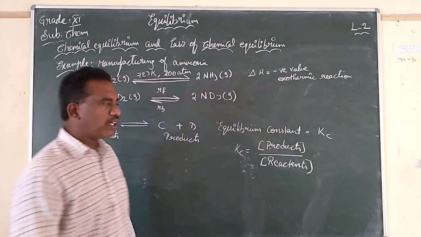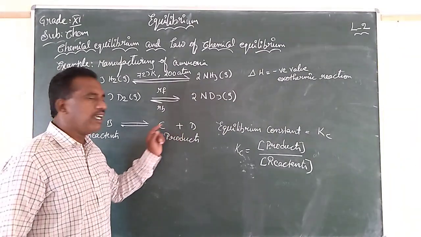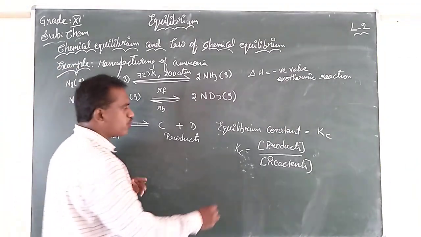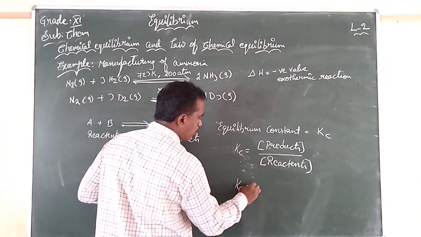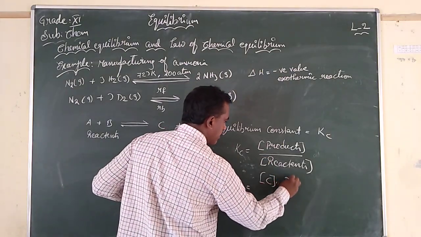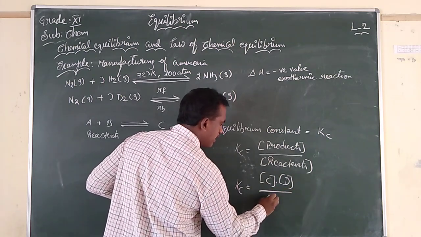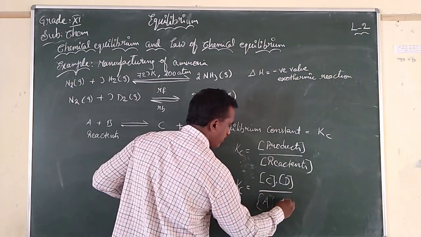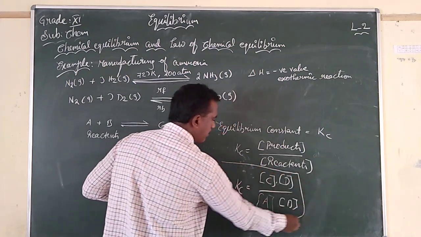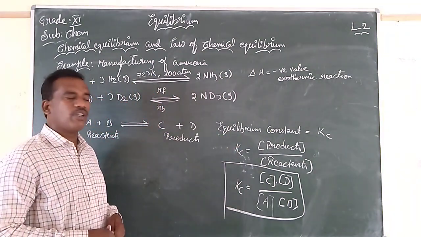In this reaction, what are the products formed, children? The products formed are C and D. And here, what are the reactants? A and B. So can I write Kc is equal to products C and D over reactants A and B? So how can I define the equilibrium constant?